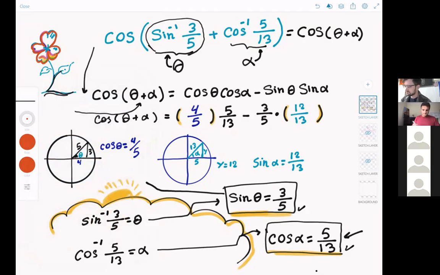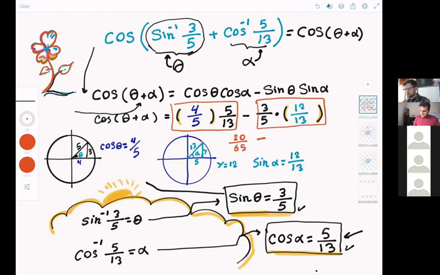All right. So now what do we do? Multiply. Yeah, this is multiplication. This is multiplication. And there's a minus between them. 4 times 5 is 20, divided by 5 times 13 is 65.